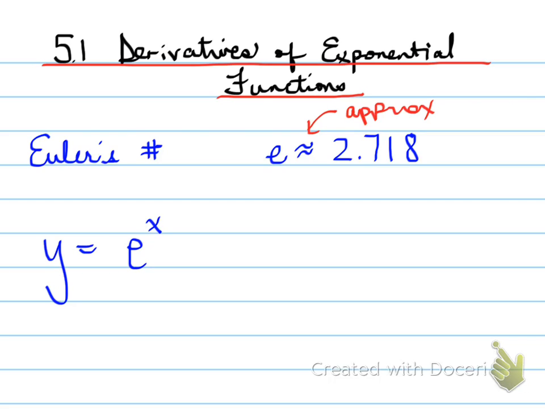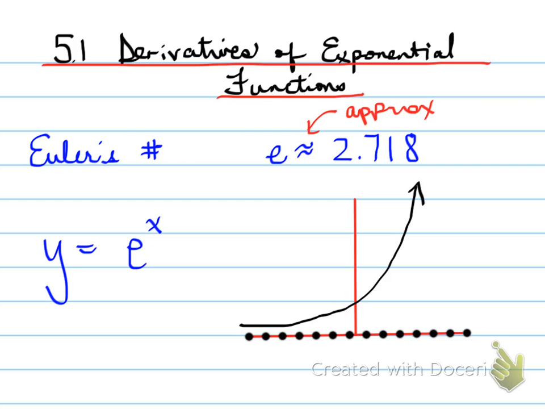Now, if I give you y equals e to the x, and you want to find the derivative of y equals e to the x, let's look at the graph. It looks very much like an exponential function, because remember, this is an exponential function. (0, 1) is the y-intercept, and at 1, the value is e, and you want to find the derivative of this.